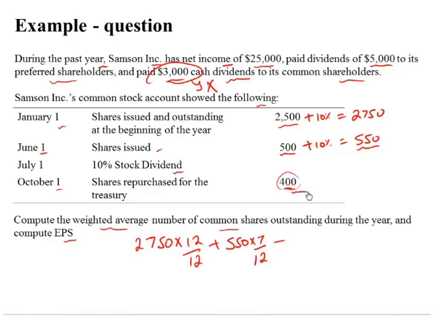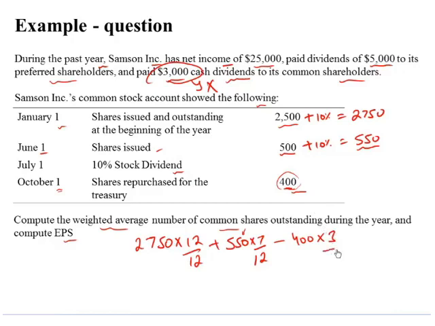And 400 shares were repurchased on October 1. So they were extinguished on October 1. These 400 shares are not comparable to the 500. They're comparable to the 550, and hence we need to make this adjustment. So these 400 shares have not been outstanding for 3 months, starting October and throughout November and December.